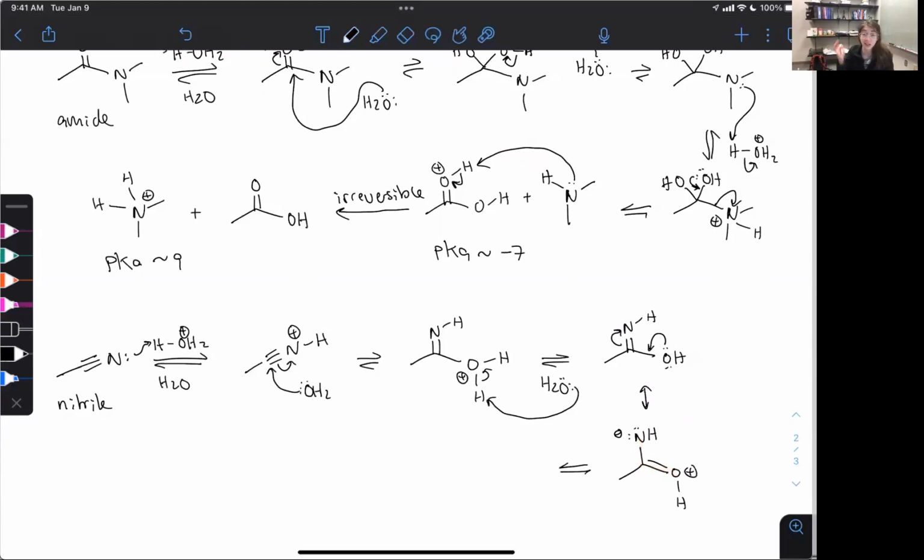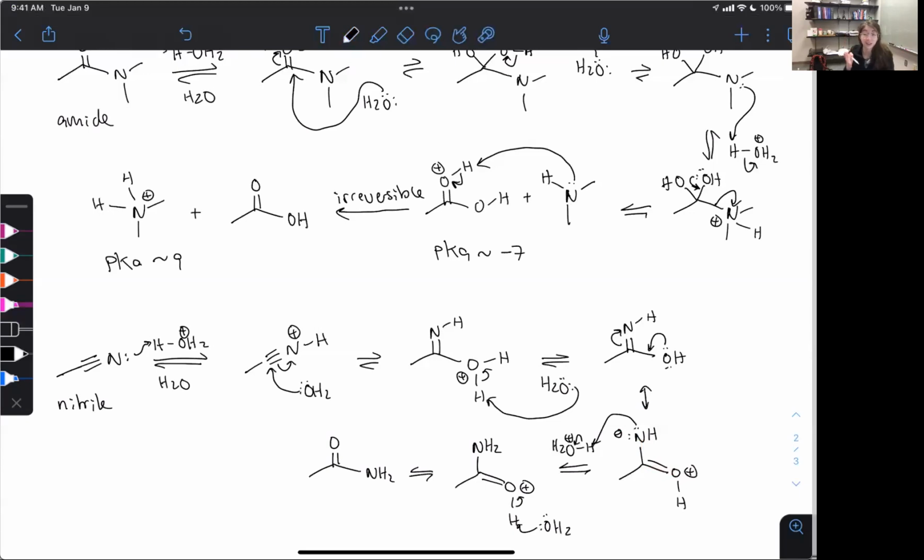So there's a couple things I need to do. I need to protonate my nitrogen. Since I'm in acid, that's going to be the first thing I do. Okay, and then I just need to go ahead and deprotonate my oxygen. I'm going to turn this now so that it looks like we'd expect. And then we have our amide.